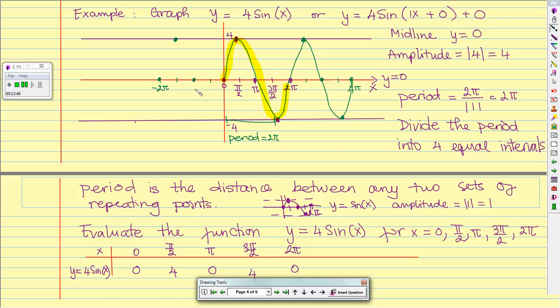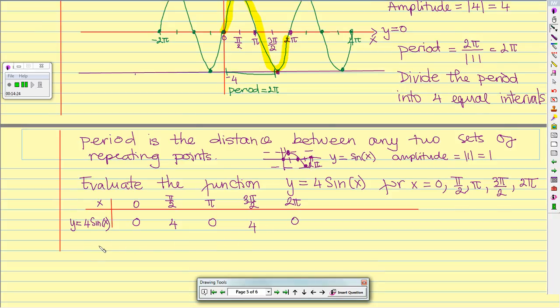So start with 0, max, 0, min, 0, and connect this set of 5 points with a curve. So the set of 5 points just repeats itself. So from now you can see the pattern will be y equals 0, y equals the maximum, y equals 0, y equals the minimum, y equals 0.